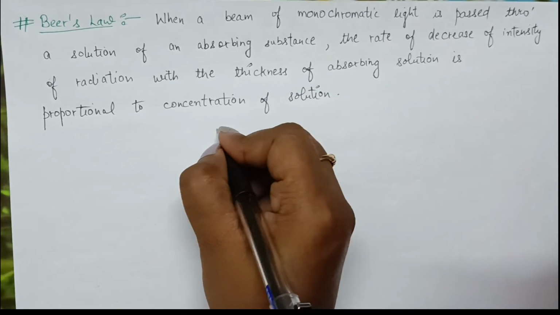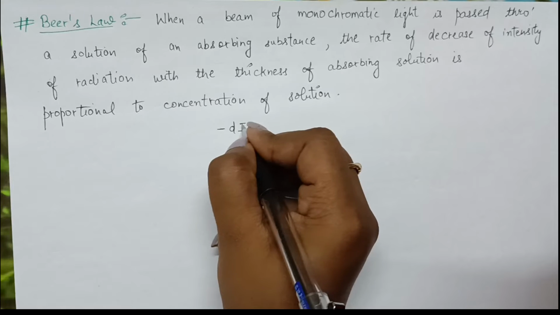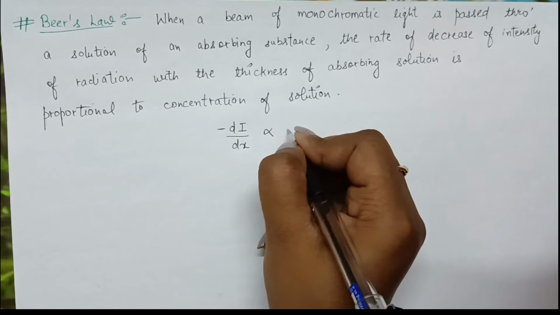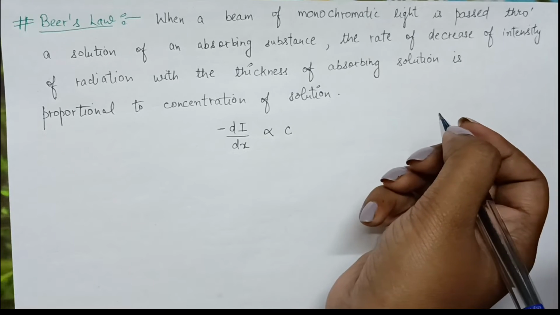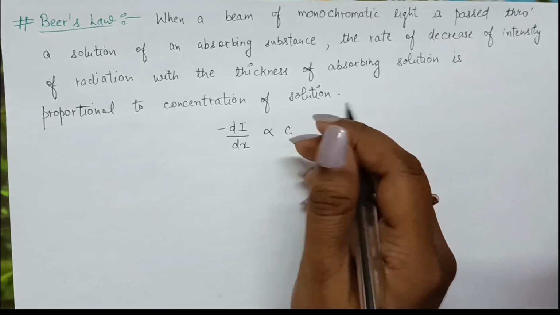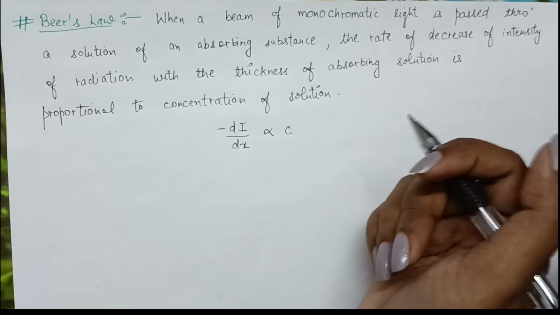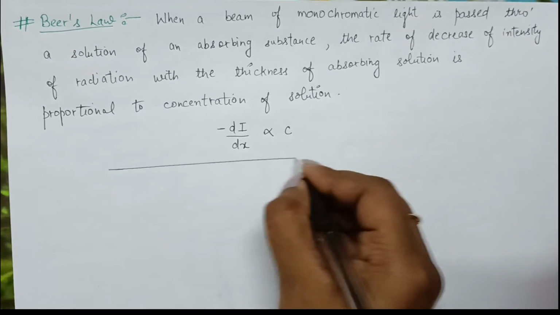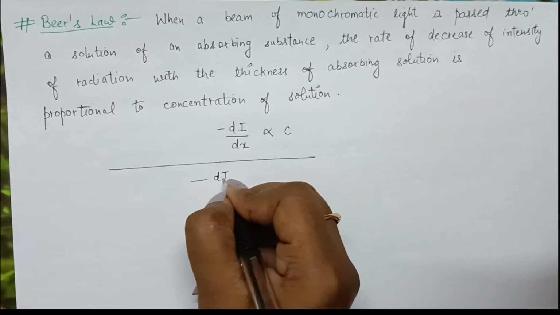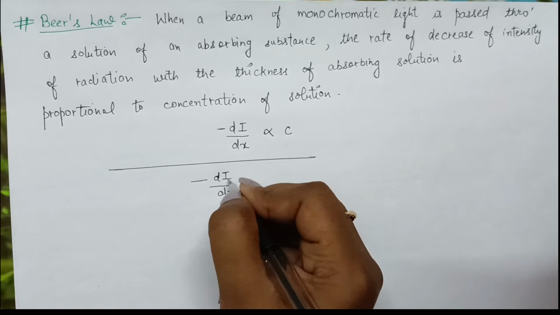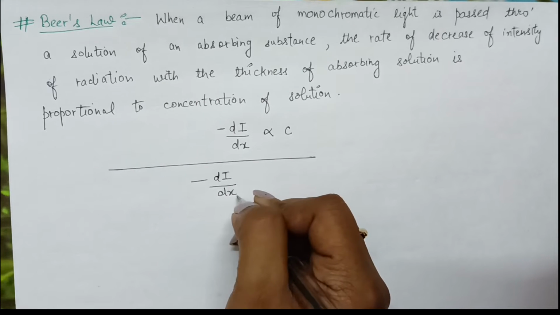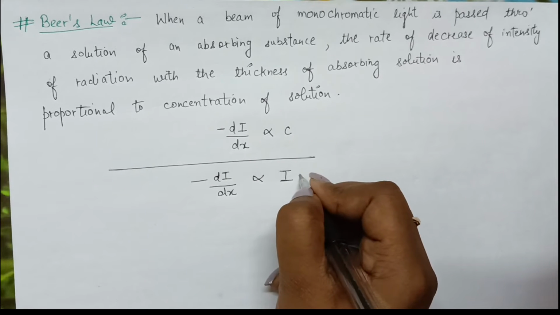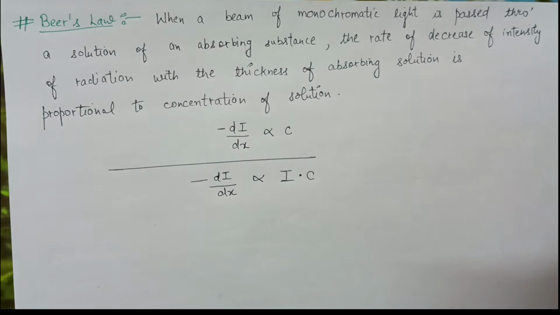So in this law, the rate of decrease of intensity with respect to the thickness will be proportional to the concentration of solution, that is C. So this will be Beer's law. If we want to combine Lambert's law and Beer's law, what we will get is minus dI by dx, that is the rate of decrease of intensity with respect to thickness, proportional to intensity and the concentration, right?